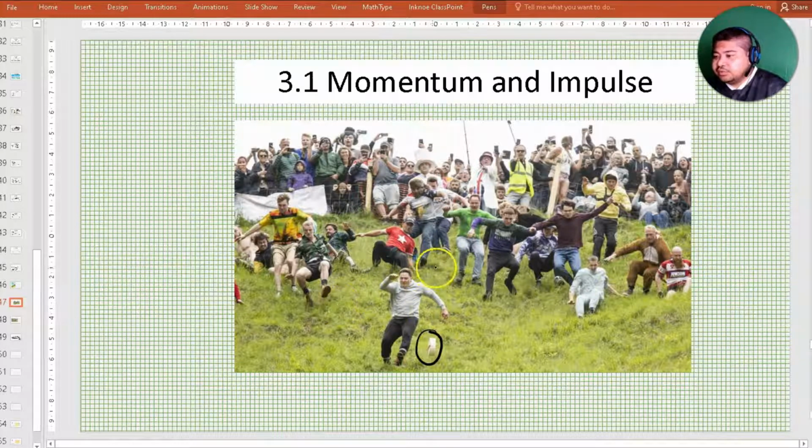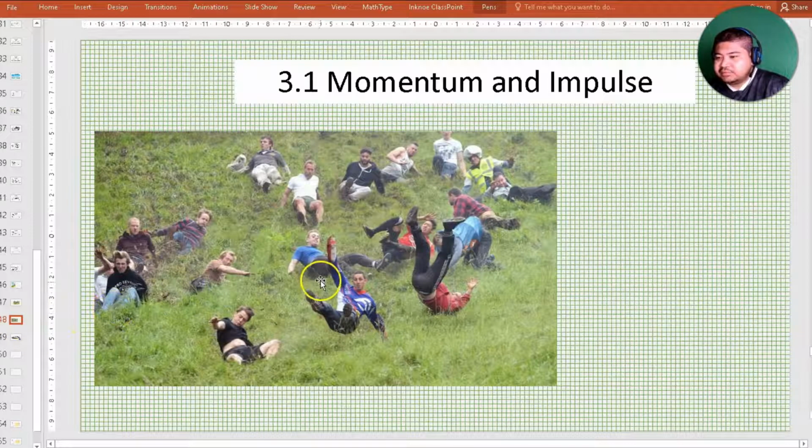So this is how the race started. Everybody is trying their best to chase the rolling cheese, and after a while, everybody is now rolling with the cheese. As you were running down the hill, you start to gain velocity, so the amount of motion that you have increases.